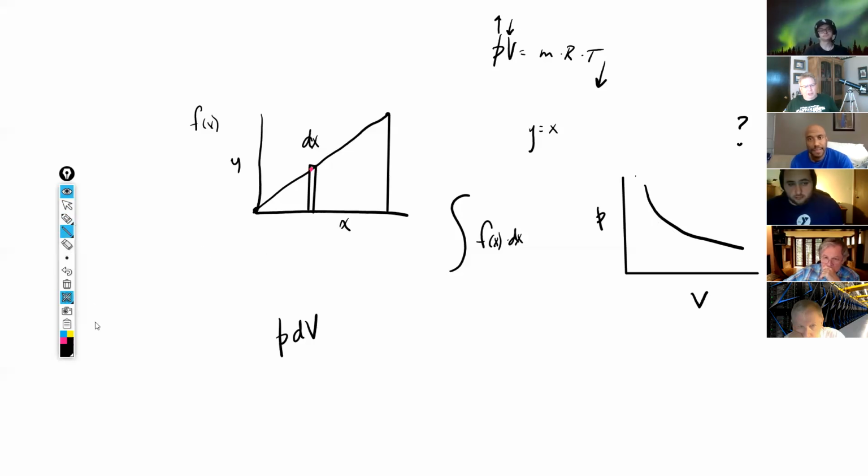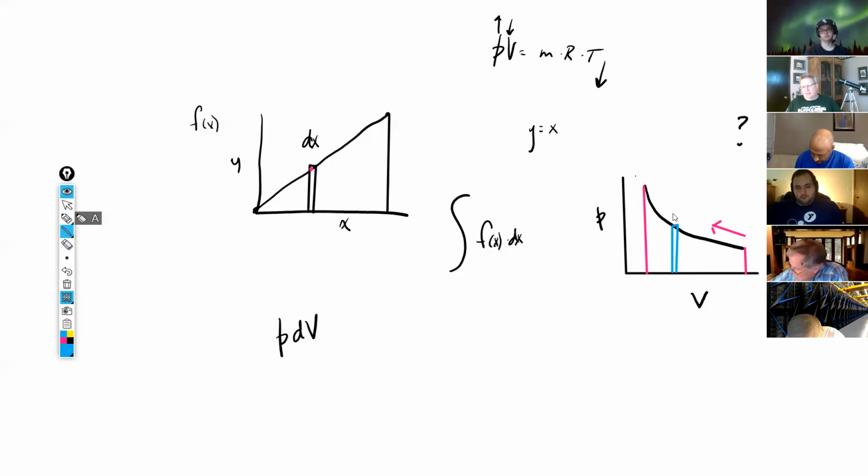So what I'm really looking for is if I change the volume from there to there, big volume to smaller volume. That's going this way, isn't it? Pressure goes up. And what would this term integrated be? Well, I would be summing up rectangles. How big are those rectangles?